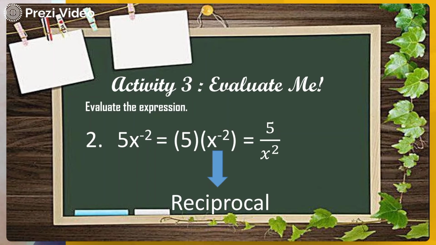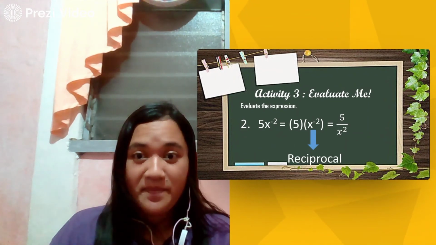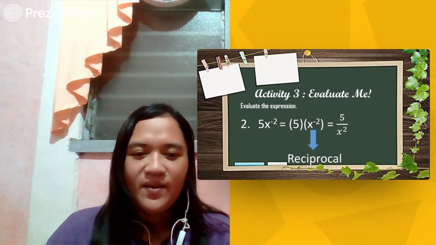Since kani kay nakita man na ang x ra ma-y na raised to 2, wala apply si 5. So, 5 over, using reciprocal, over x raised to 2. So, magkalimot ha kung asa ang exponent na kapunta. Okay.